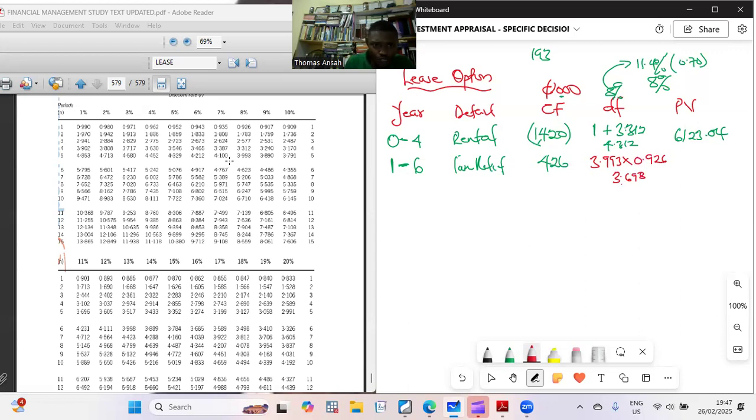Or you can decide to pick 6 years here. 8%, which is 4.623. Then you take away 1 year, which is 0.926. All right, you should be getting the same answer. This is 3.697. All right, but when I did mine, there were approximations behind it. So that is it. Okay, that is it.